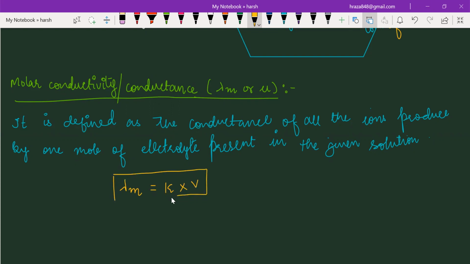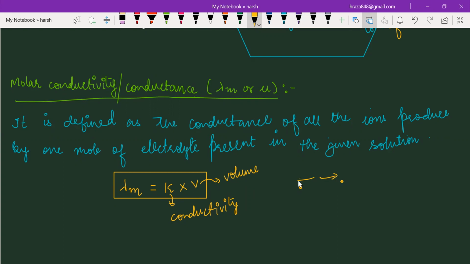If you increase the volume, the distance between the particles will increase, yes or no? Yes, sir. And if the distance between the particles increases, does the force of attraction increase or decrease?